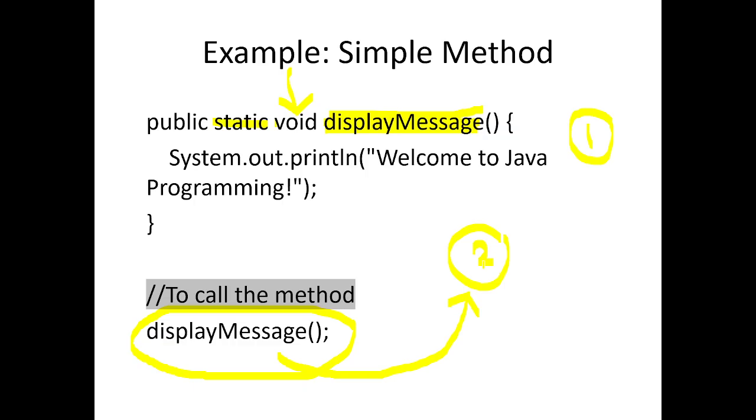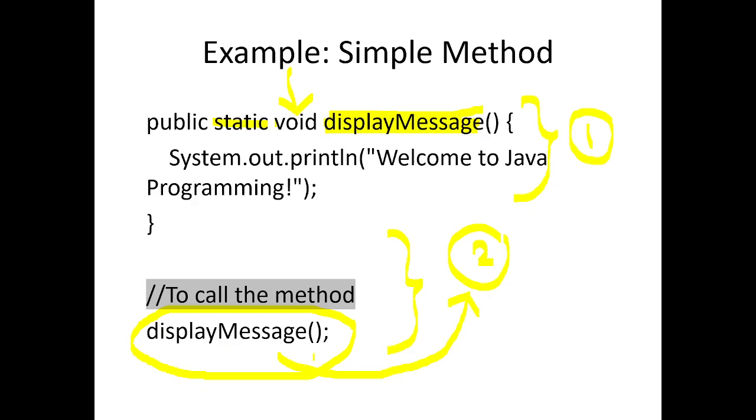In this number 2, we go back to number 1. Number 1 is this kind of structure. Number 2 is your public class with your public static void main, which comes after your public class, the file name and so on. In the body of your main method, we need to call this display message.